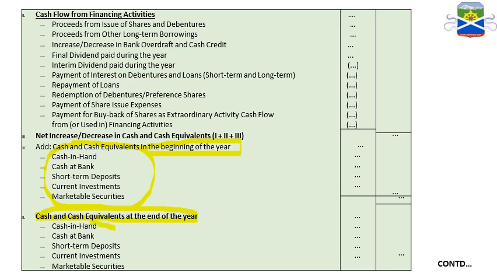This includes closing cash in hand, closing bank balance, closing short-term deposit, closing marketable securities, and closing current investment. All together these will show the cash and cash equivalent at the end of the period. That's the format of the cash flow statement.